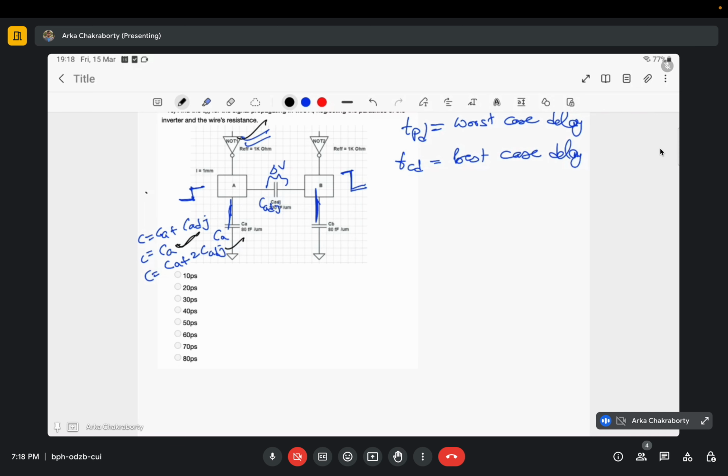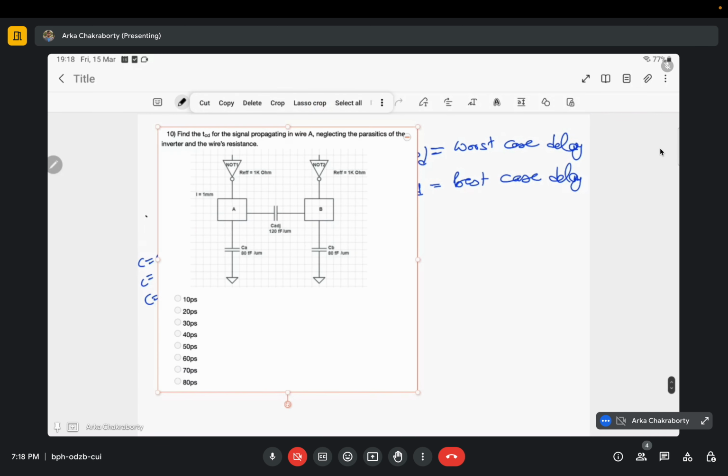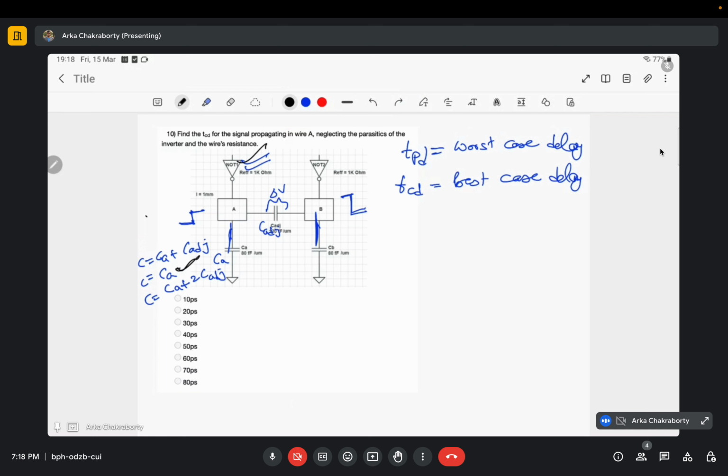So this would give me the worst case delay, or propagation delay, and the other would give me the best case delay, or contamination delay, correct? Therefore the expression of contamination delay would be simply R effective into Ca, correct?